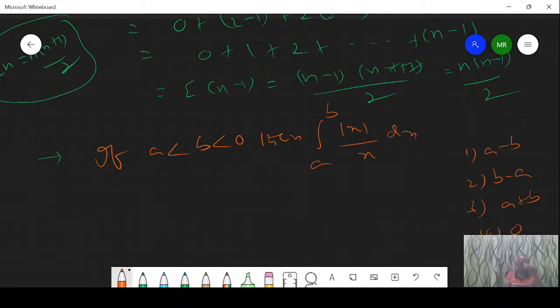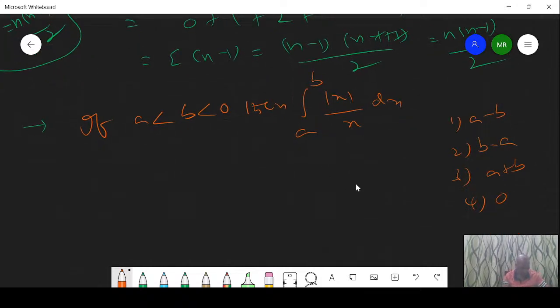Both are negative, a less than b less than 0 is given. You can simplify this. So what is mod x by x? This is a simple concept. They are asking us to solve this integral from a to b of mod x by x dx.